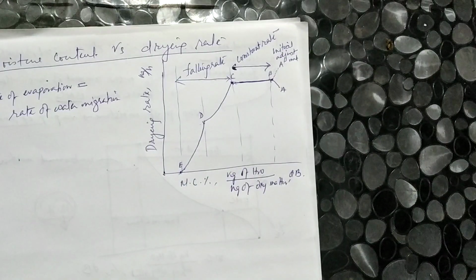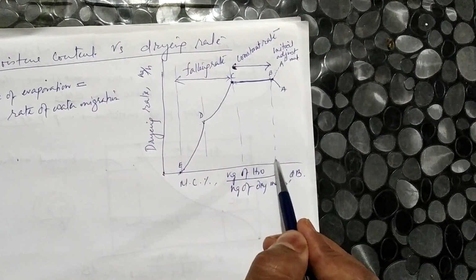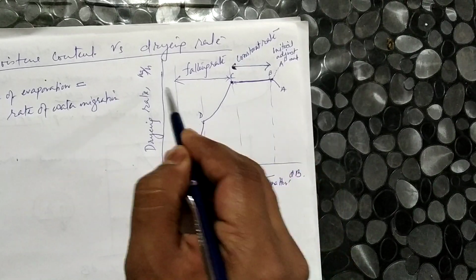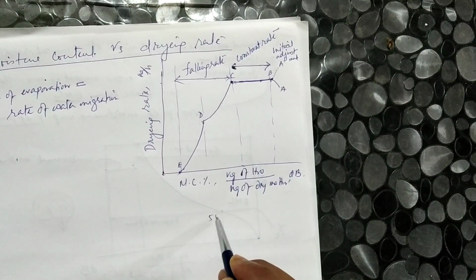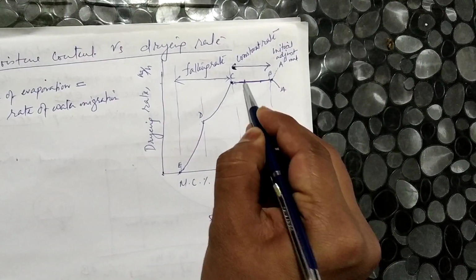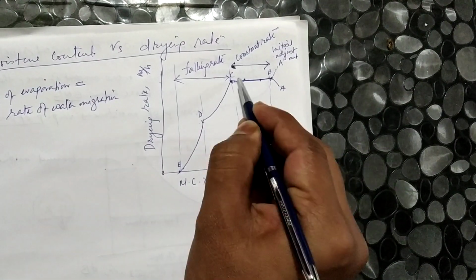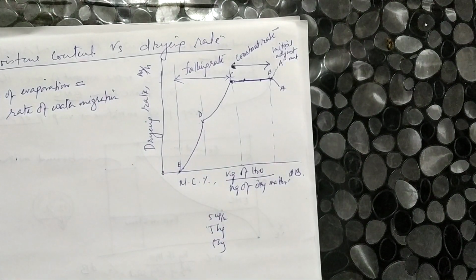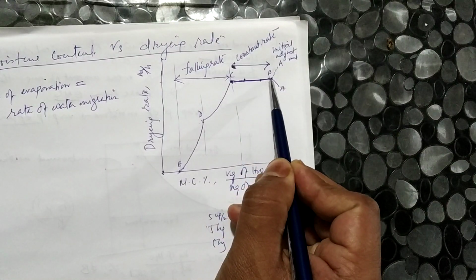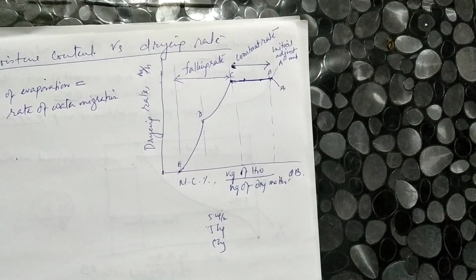That is why it is constant. Throughout, the moisture is decreasing but the drying rate is still the same. That means it is 5 kg per hour here, here also 5 kg per hour, here also 5 kg per hour. That means the rate of drying is constant, because B and C exhibit the removal of free moisture.